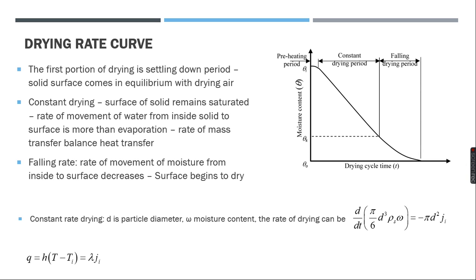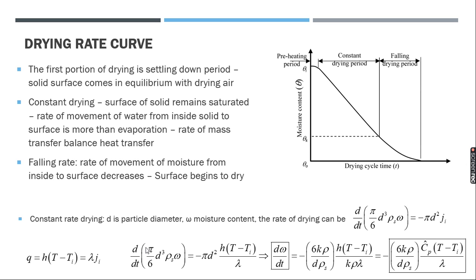And the heat transfer amount can also be written as proportional to T minus Ti, that is the temperature in the bulk air and the temperature at your drying surface, so a difference is there, and that is the heat flux, and we can compare these two and correlate. So essentially, instead of this flux, we can write h into T minus Ti by lambda.